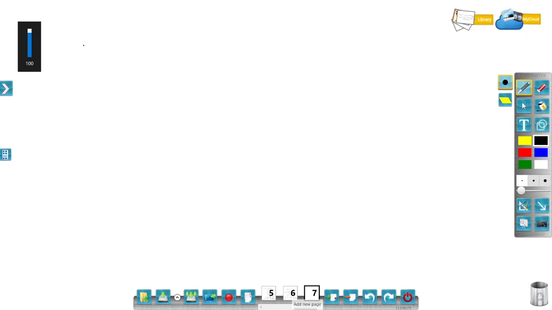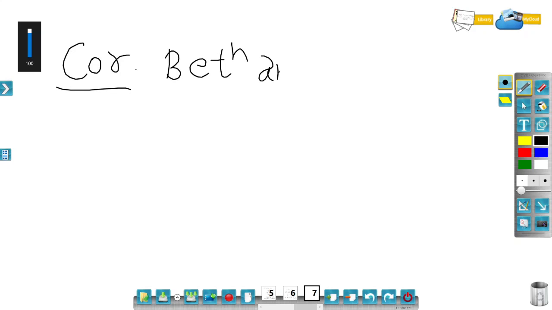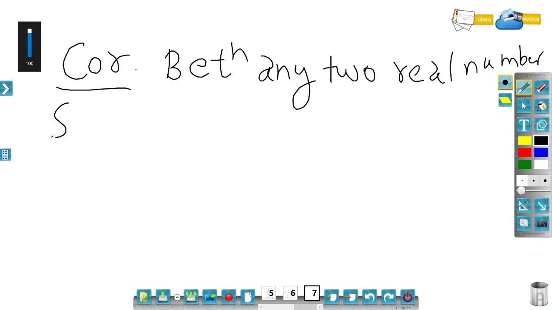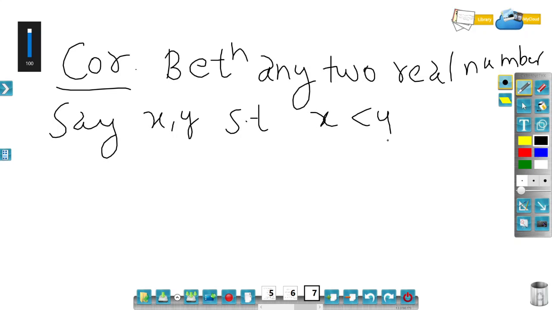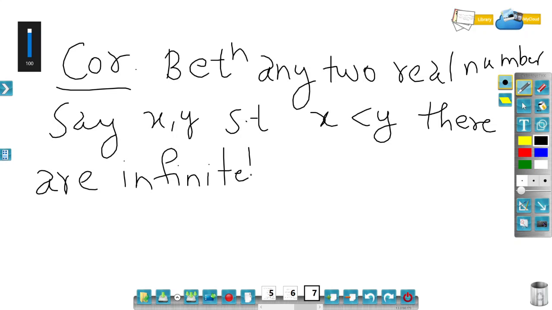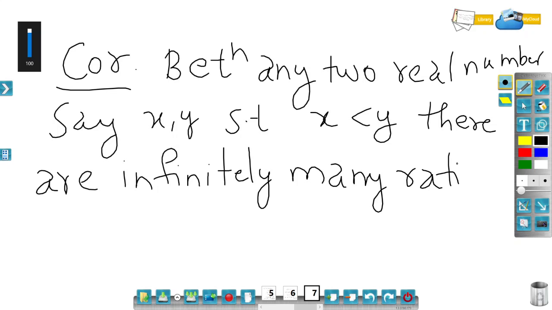After this, one can have an immediate corollary: between any two real numbers, say x, y, such that x less than y, there are infinitely many rational numbers.